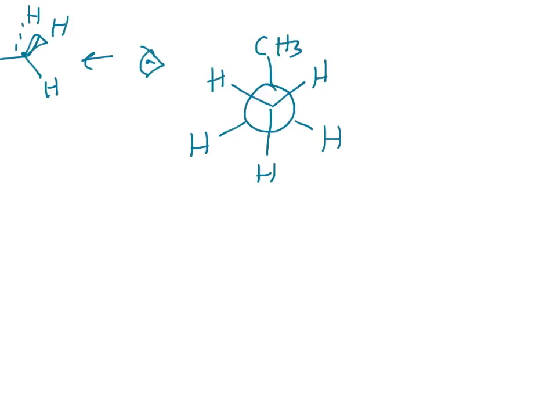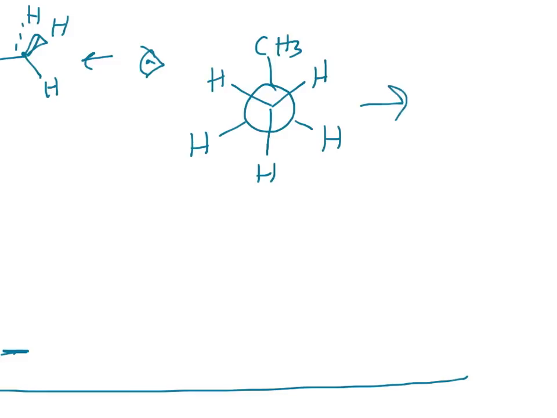Okay, so I've drawn, and this is just habit, I usually start by drawing a staggered position because that's usually a lowest energy position or a lower energy position. Okay, so if I just think about the energy graph, I start at some 0 point on the energy graph, my starting point. And now as I rotate, what happens to the energy of the molecule? It goes up.